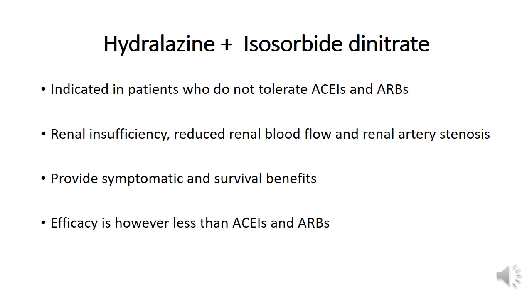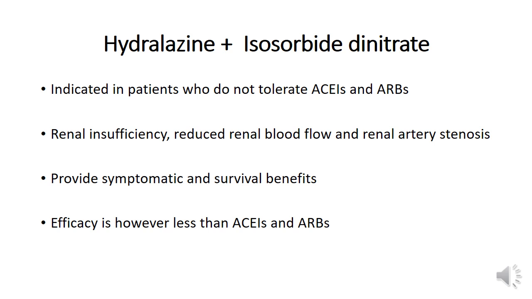Now I told you there are two fixed drug combinations which are used in heart failure patients. The first of it is a combination of hydralazine and isosorbide dinitrate. Hydralazine is an arteriolar dilator, isosorbide dinitrate is a venodilator. So this combination is indicated in patients who do not tolerate ACE inhibitors and ARBs.